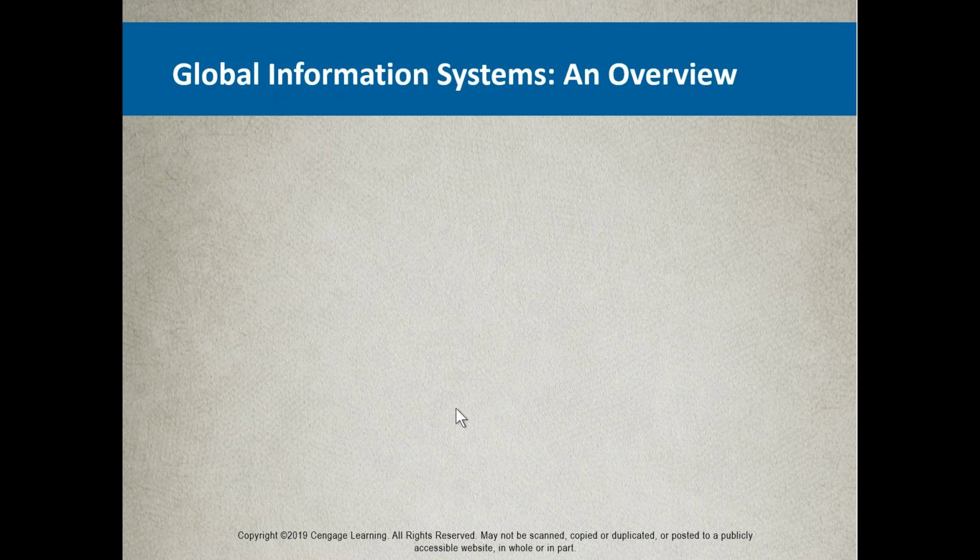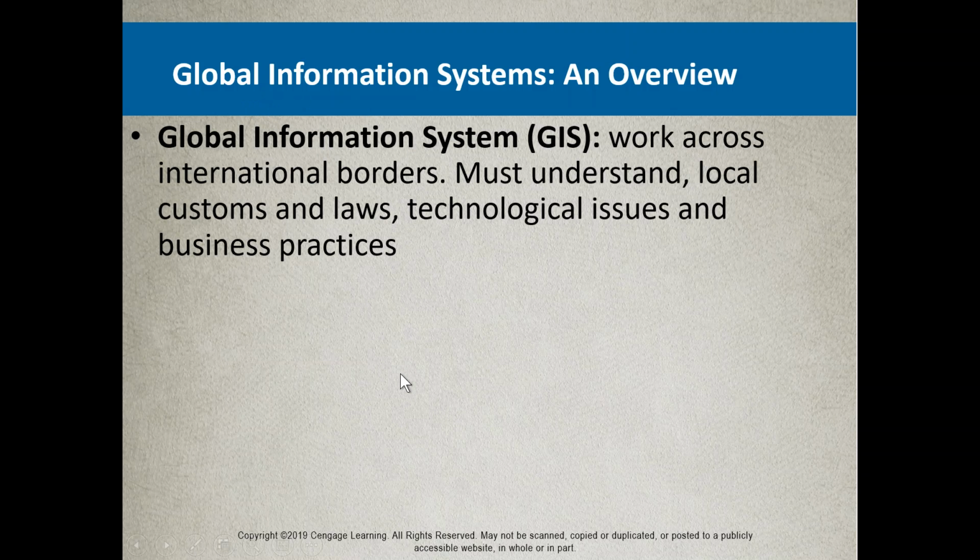All right, getting back to the overview of what a global information system is. Again, like an ERP system, of course, they have to work across different countries. And as a result, they have to have a clear understanding of the local laws and customs. So if you're working and you need to communicate with another regional office, you should be aware that when you're transmitting data, there may be rules about that data.